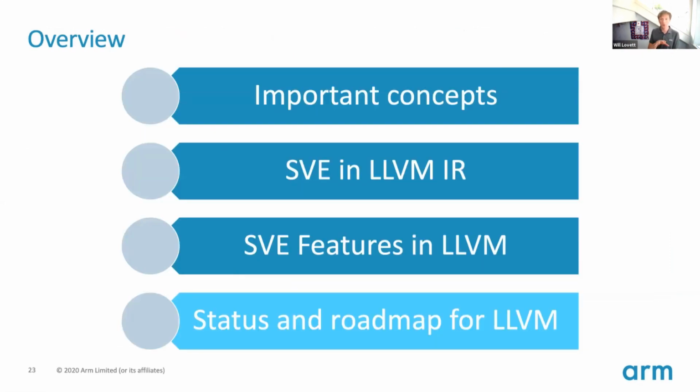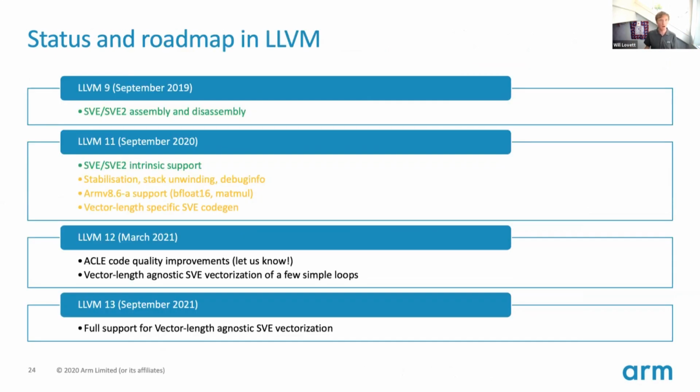Okay. So those are the SVE features in LLVM that I want to sort through. And two more slides. First up, the status of where we are today. So LLVM 9 had assembly support. LLVM 11, which branches in two or three weeks, will definitely have intrinsic support, which is great. The last patch that enabled the C-level intrinsics landed a couple of days ago now, which is a really big milestone.